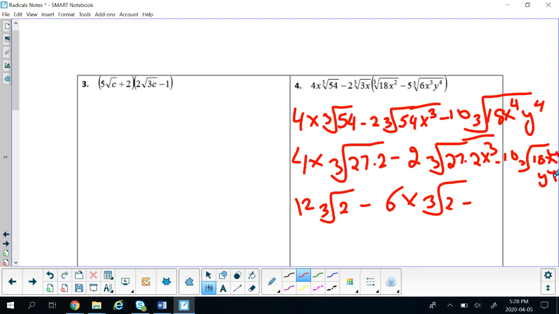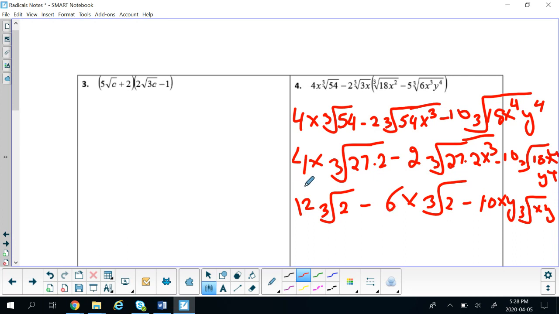And same thing, y to the power 4 can be written as y to the power 3 into y, and we know cube root of y to the power 3 is y. So we will get x and y out with the 10. So 10xy, and inside we are left with 1x and 1y. Okay.